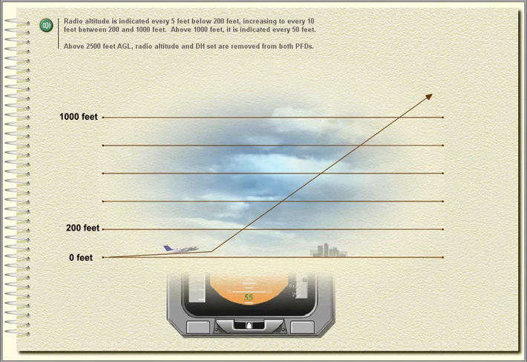Radio altitude is indicated every 5 feet below 200 feet, increasing to every 10 feet between 200 and 1,000 feet. Above 1,000 feet, it is indicated every 50 feet.